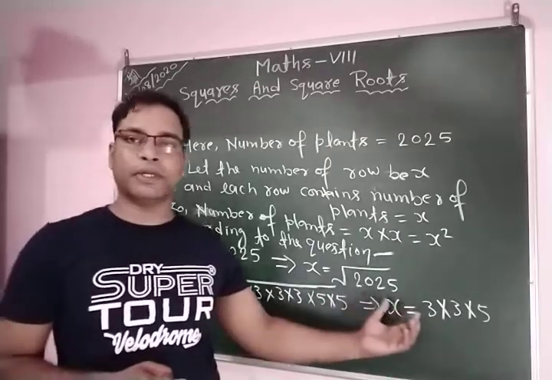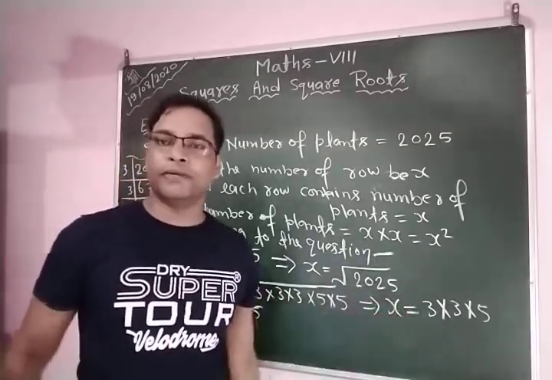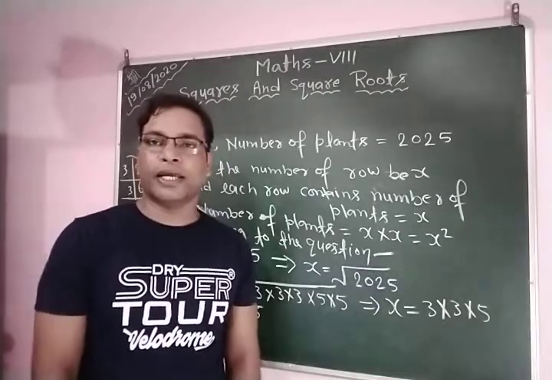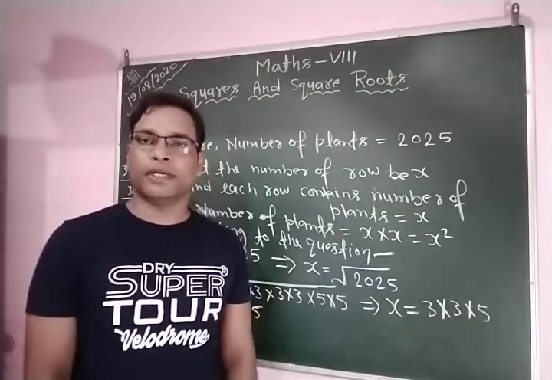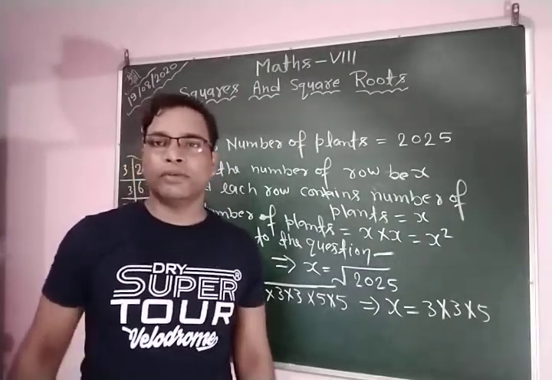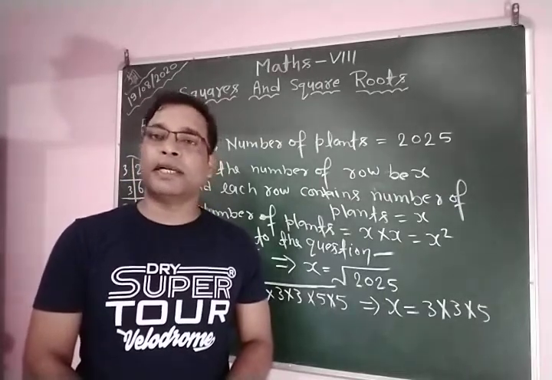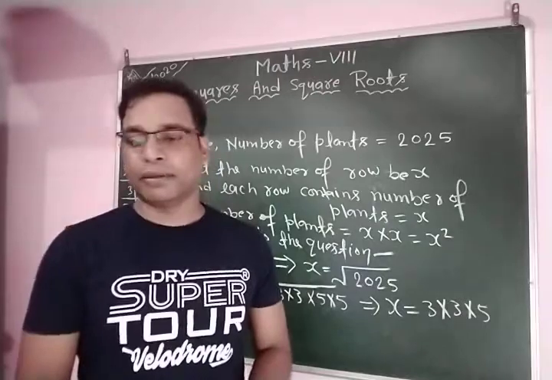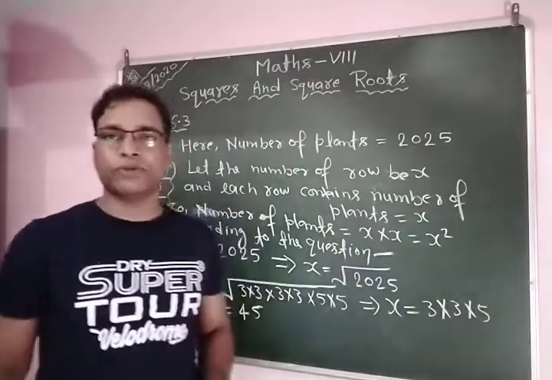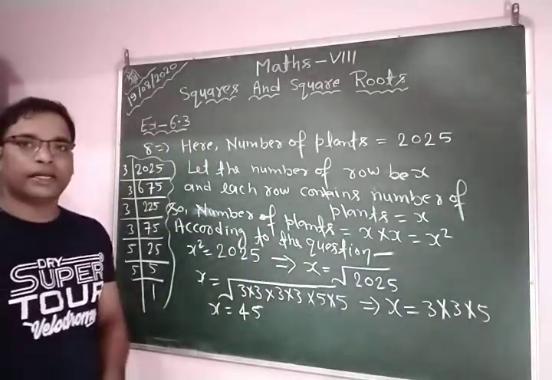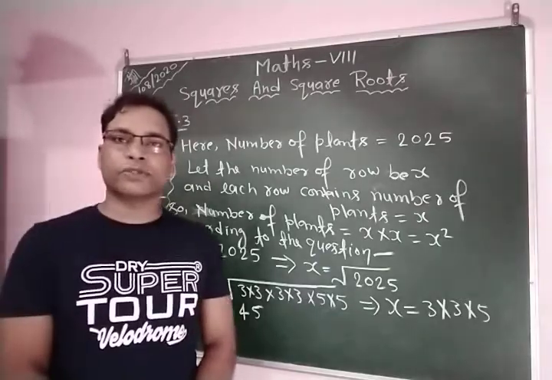In this way we obtain 3 into 3 into 5. This is x, so x is equal to 45. So the number of rows in the garden is 45, and again the number of plants in each row is 45. Now I hope all have understood this question, and now we are going to discuss the next question.